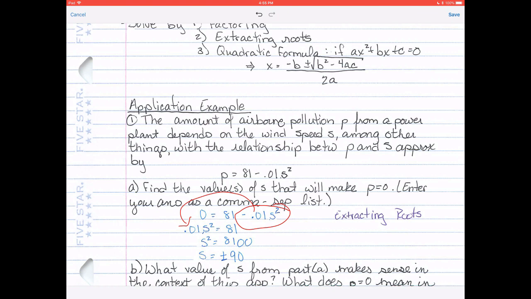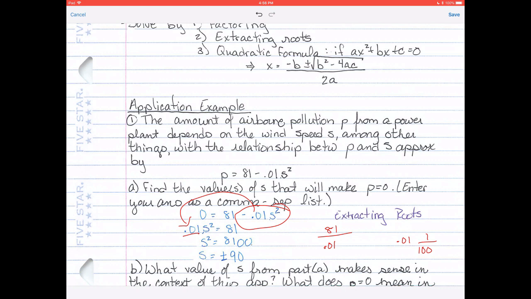Then when I divide by the negative 0.01, what I have is 81 over 0.01. Well, let's think about this. 0.01 is 1 over 100, right? So really what I'm doing is multiplying 81 by 100.